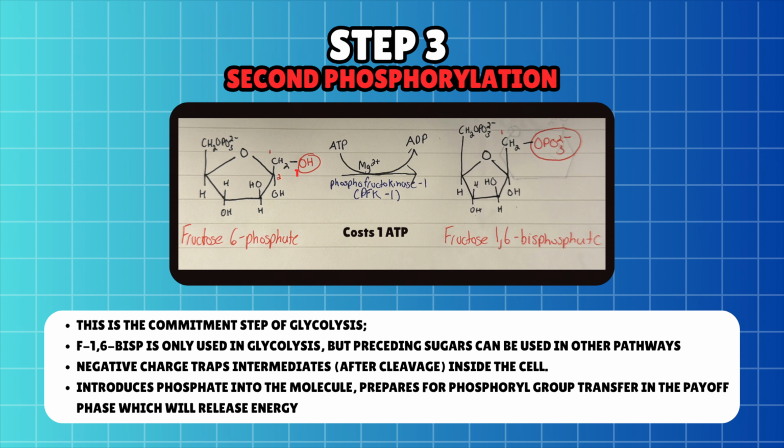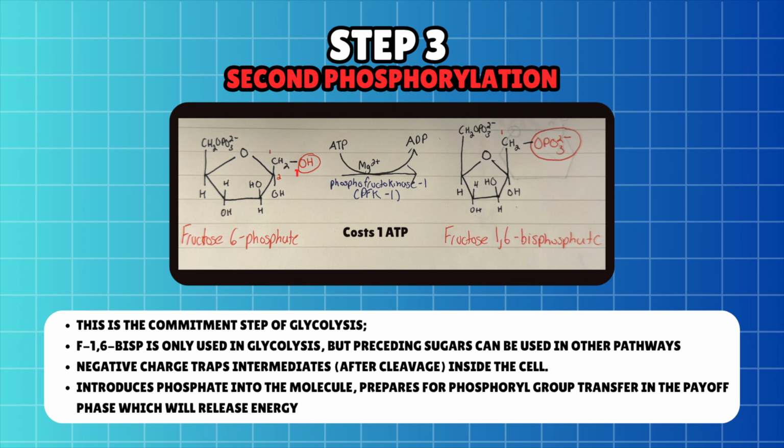So moving on to step 3, the second phosphorylation, or the commitment step of glycolysis. We're going to start with fructose 6-phosphate, and at the expense of 1 ATP, we're going to get fructose 1,6-bisphosphate. And the enzyme used in this reaction is PFK1.